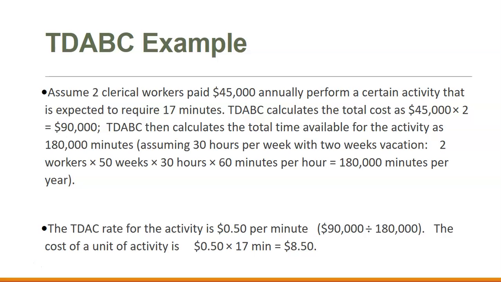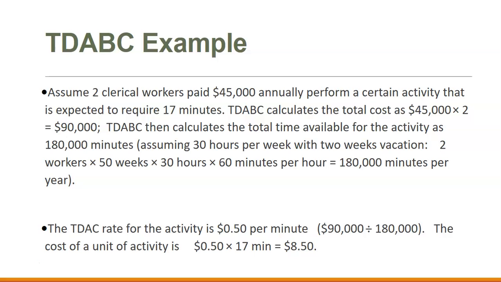As we can see here, that's assuming we have 30 hours per week with 2 weeks of vacation a year. So we have 2 workers times 50 weeks times 30 hours times 60 minutes per hour. That gives us 180,000 minutes per year to perform this activity that requires 17 minutes of time.